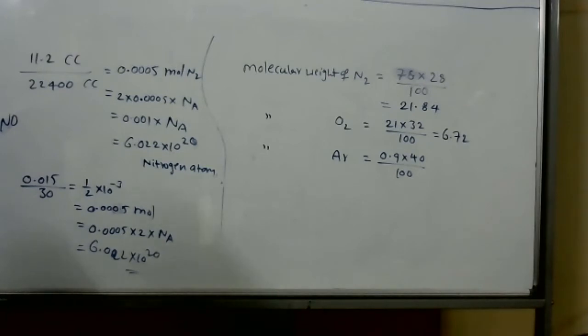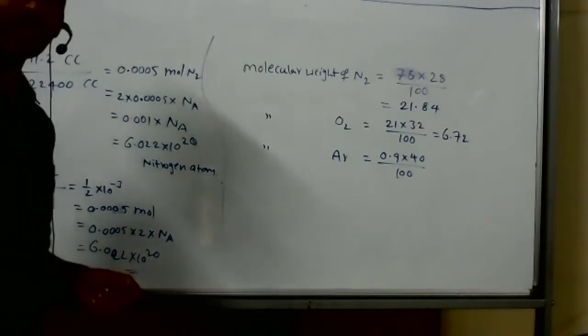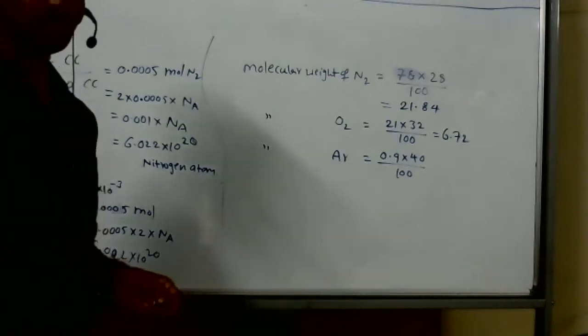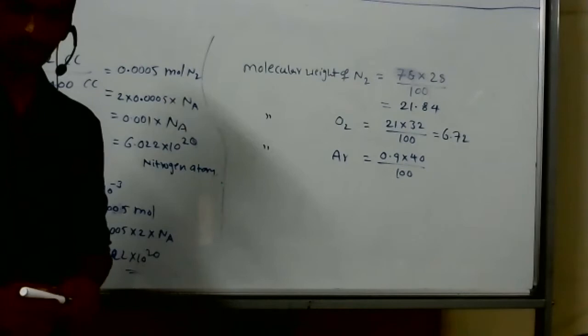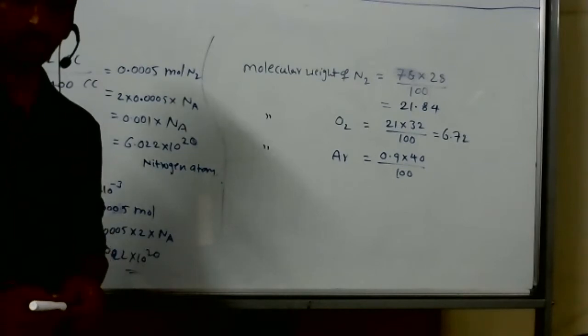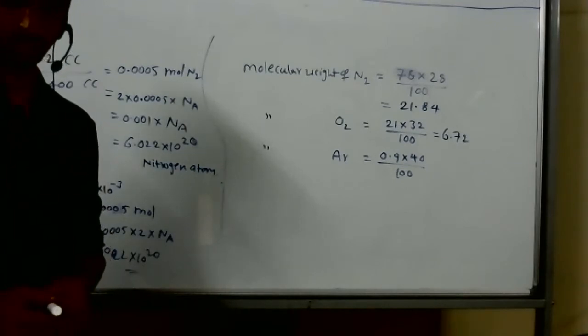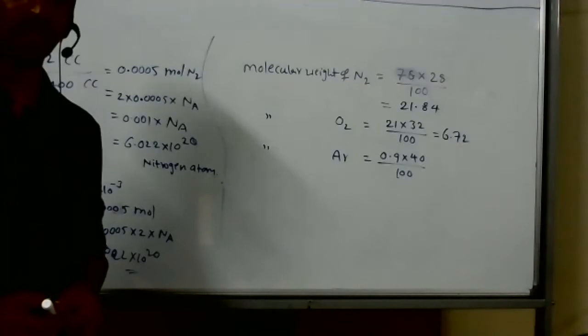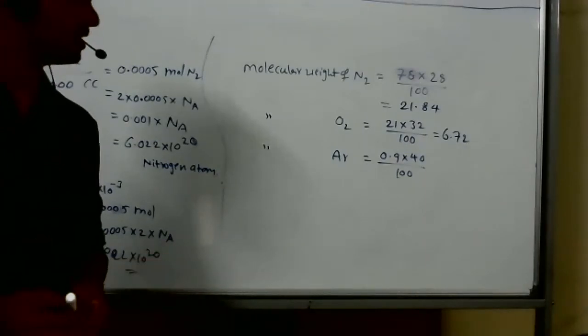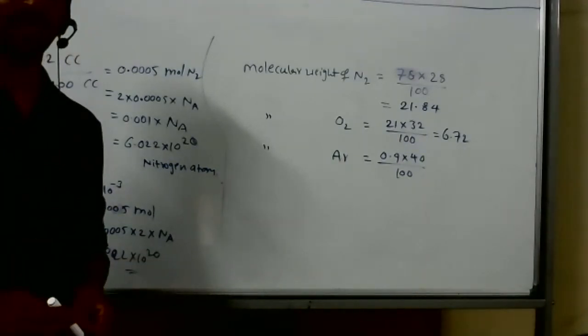Excuse me, sir. I didn't understand why you are taking each one. So that's what I said. You could use the formula percentage equals the part of the compound by the total mass of the compound into 100. But here we don't know the total mass of air. That is what we are calculating.